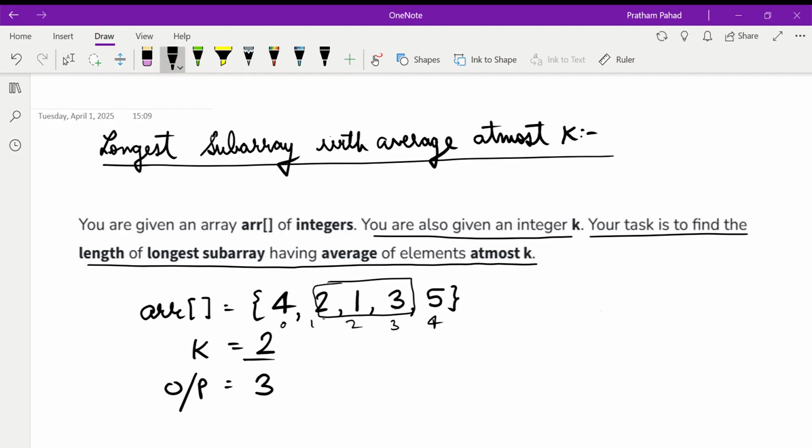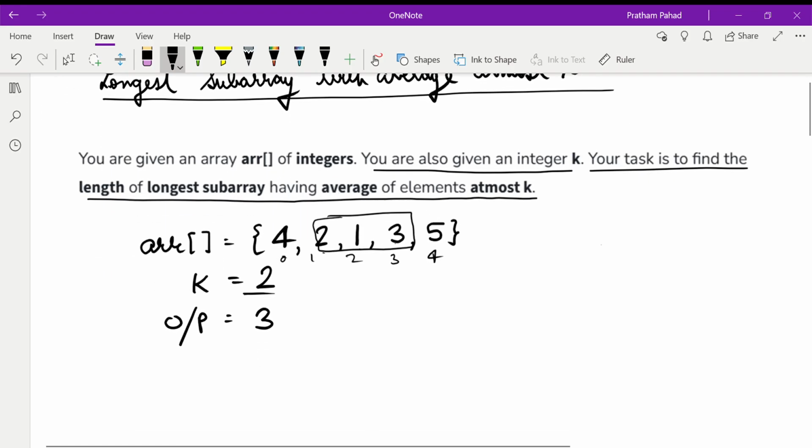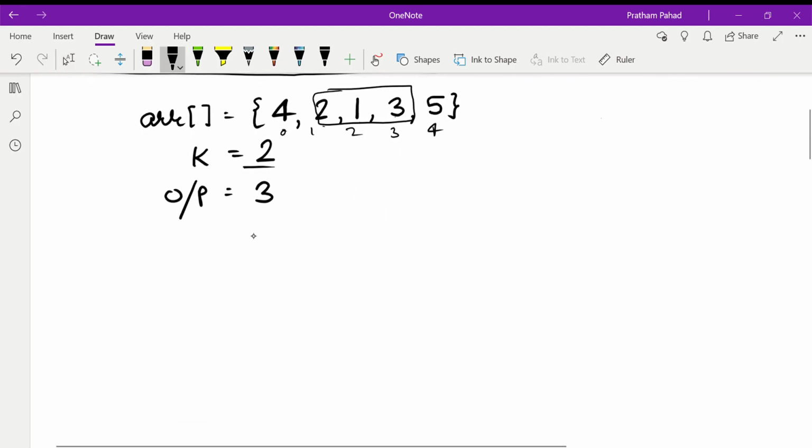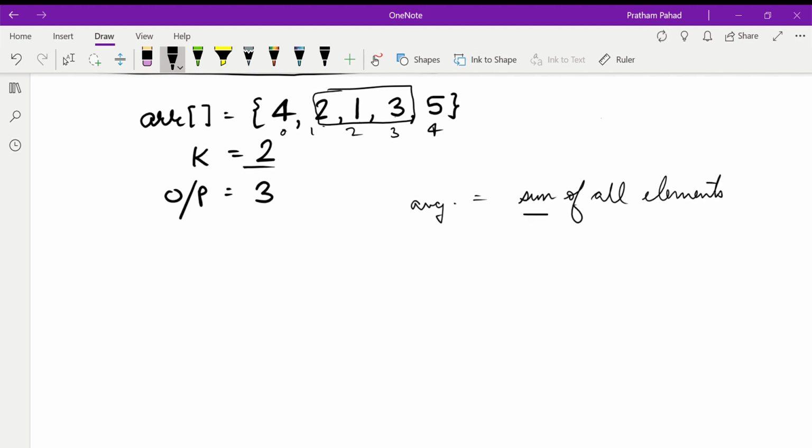But how can we find this in one go? In a single go, how can we find this problem? We know that the average of an array, sorry, average of numbers is equal to the sum of all elements upon the total number of elements given.